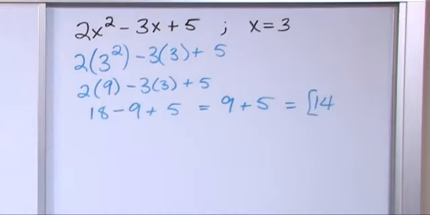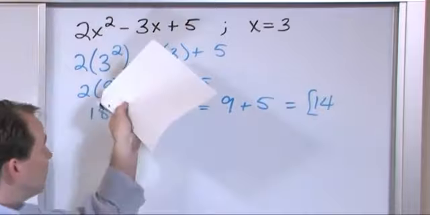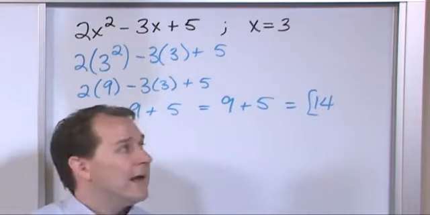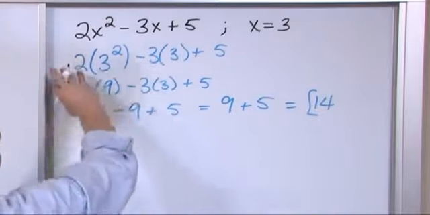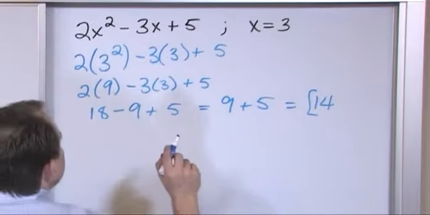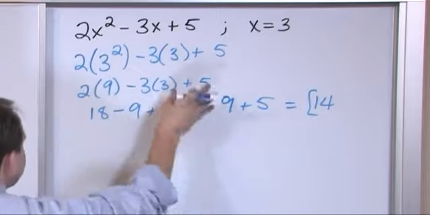And this is what I mean: in some of these easier problems, a student can very likely calculate it in their head. But if you even attempt to do this in your head, you're just asking for trouble. Eventually you'll make an error somewhere. Unless you have an extraordinary memory, you're just not going to be able to keep all this straight. So you really need to write every step down, because if I made a mistake here, I would be able to go back and say, oh, when I squared this, I did it wrong, so then I could fix it.